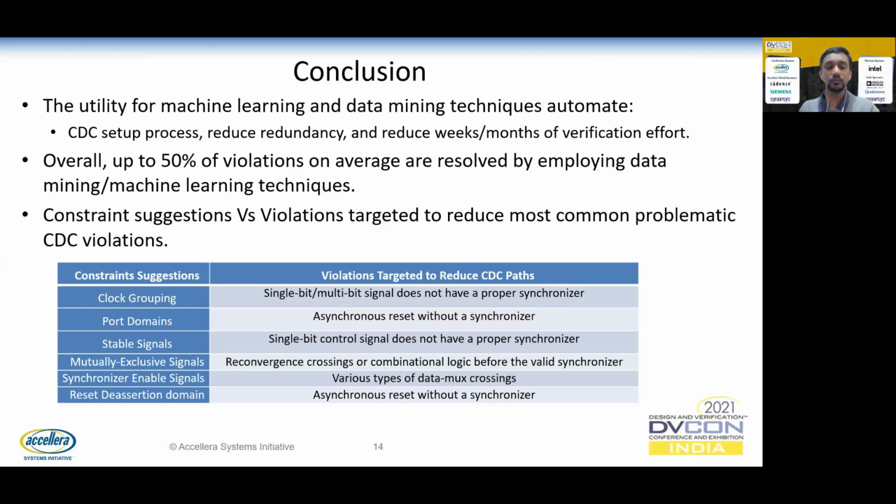Overall, up to 50% of violations on average are resolved by just employing the initial suggestions from the CDC analysis data mining techniques. From the below table, we can deduce how the constraint suggestions could impact the reduction of most common problematic CDC violations in the design.